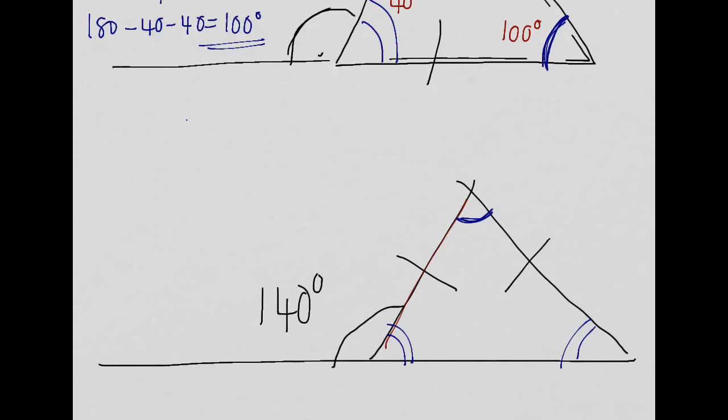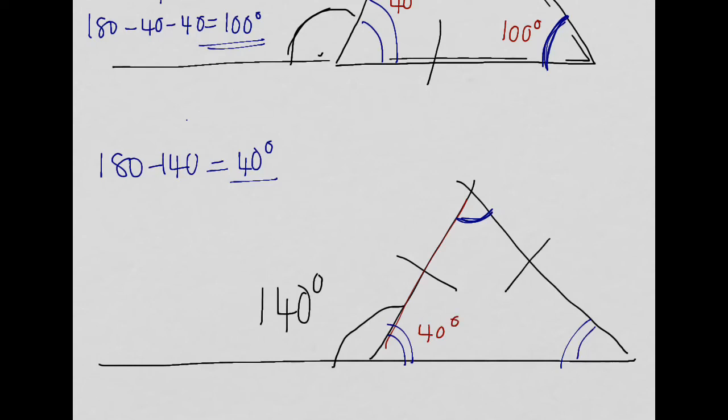But here I can see that the first angle that I'm going to work out is this one here, and I'm going to do 180 subtract 140 is 40 degrees, and I'm going to write that on my diagram there.